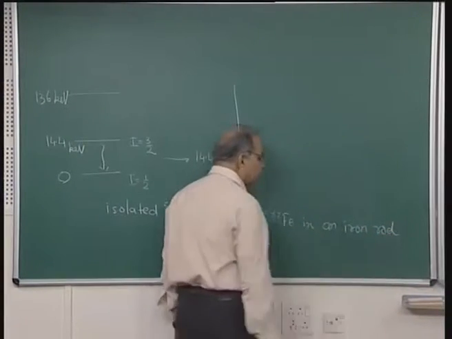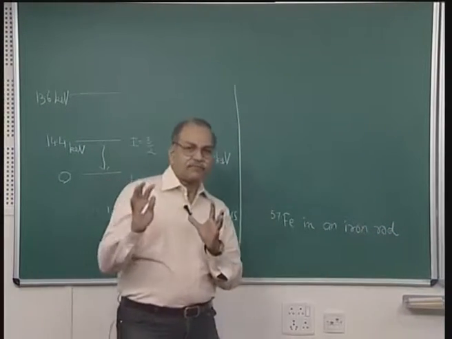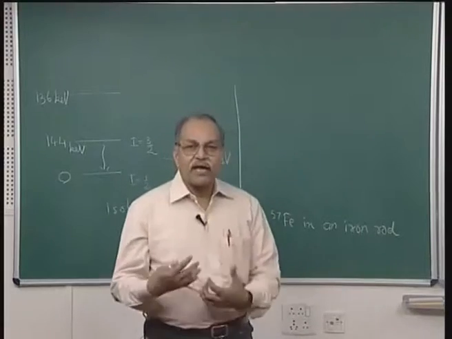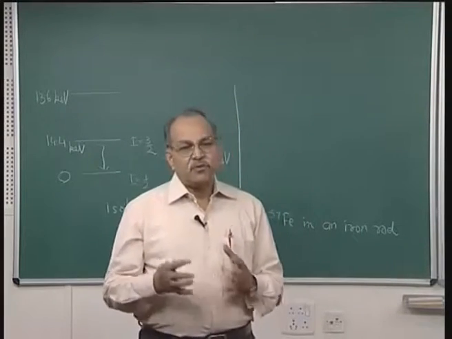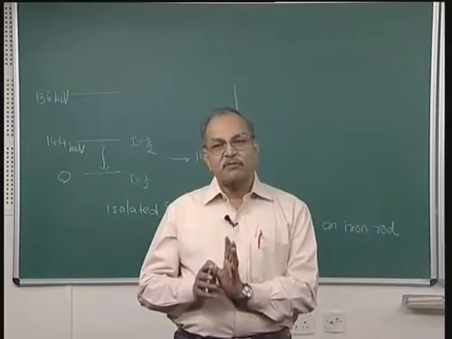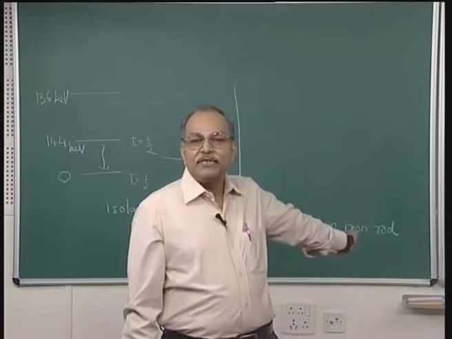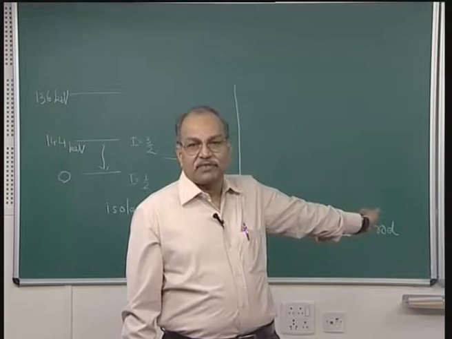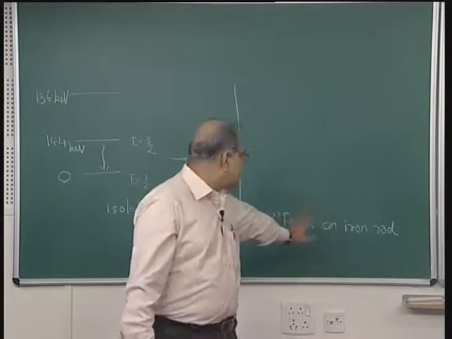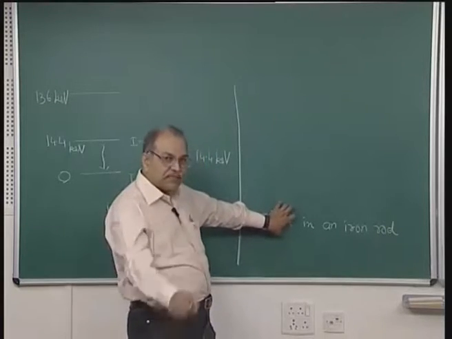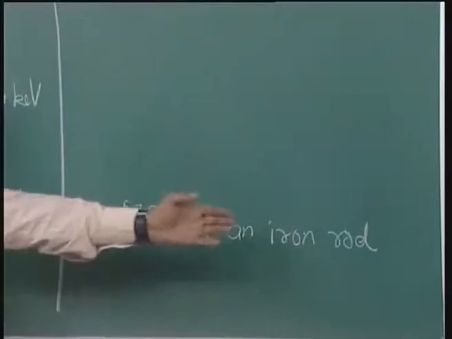Normally natural iron, you have almost 98% of that will be 56 Fe and 2% will be 57 Fe, right. So, iron 57 is there in the iron rod.